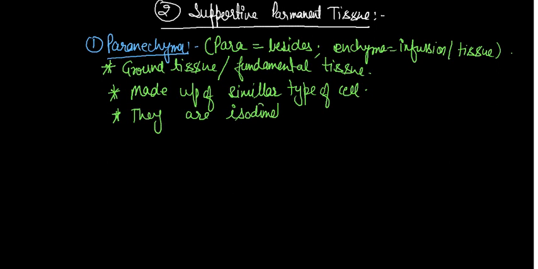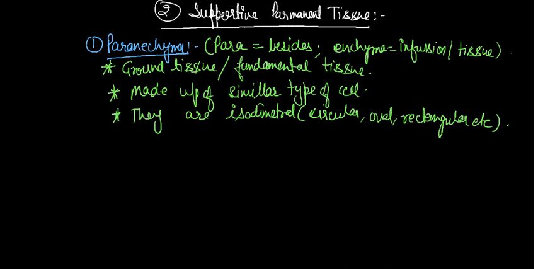The cell may be circular, oval, rectangular, etc. If the tissue is a group of cells and the structure of the cell is circular, then all the cells present in that simple permanent tissue are circular.